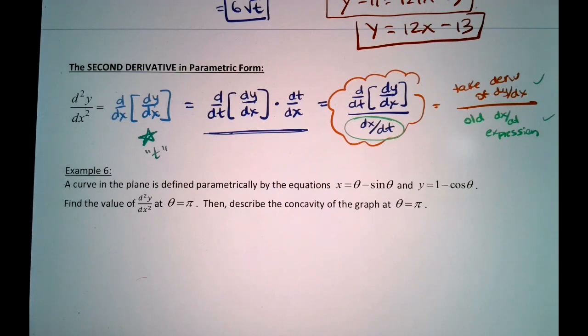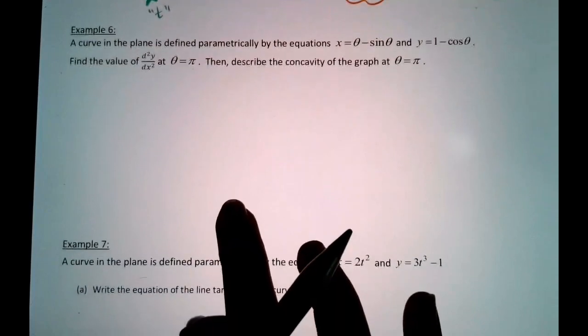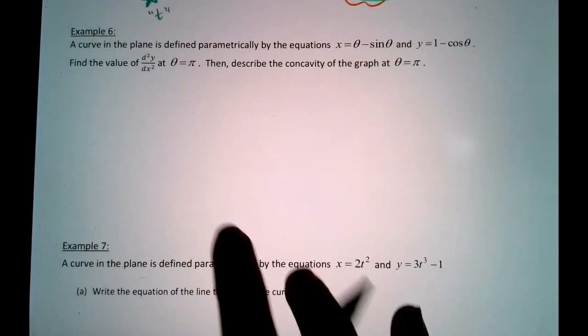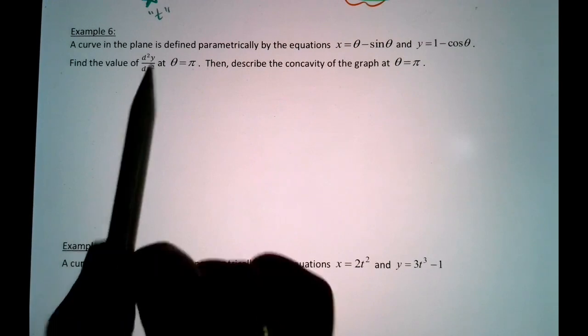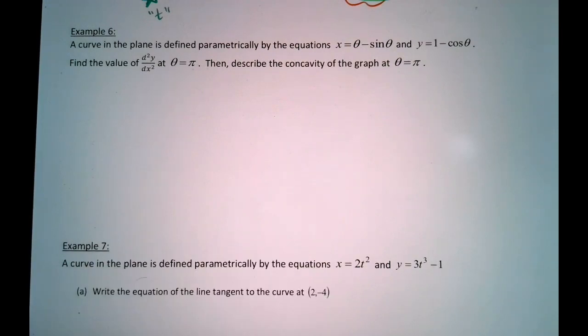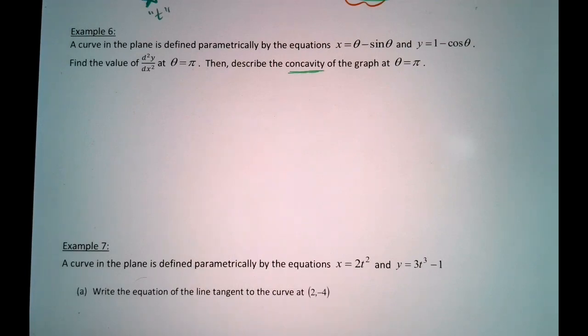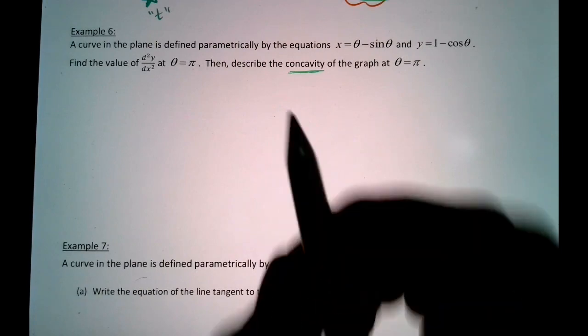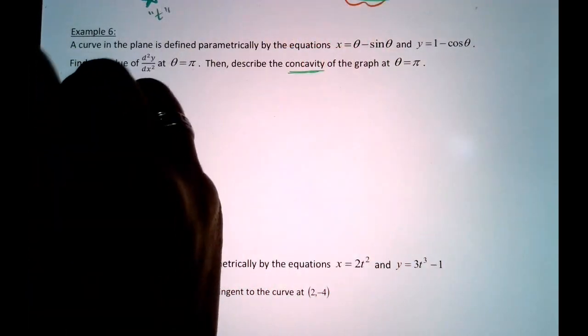Example 6, we've got ourselves a set of parametric equations where our parameter is theta. We're back in trig land. So no problem. They want me to find the value of the second derivative at theta equals pi. And then we'll describe concavity. So we'll talk a little bit about the meaning of that second derivative. So let's get in there and get started, which means I need to find dy dx first.